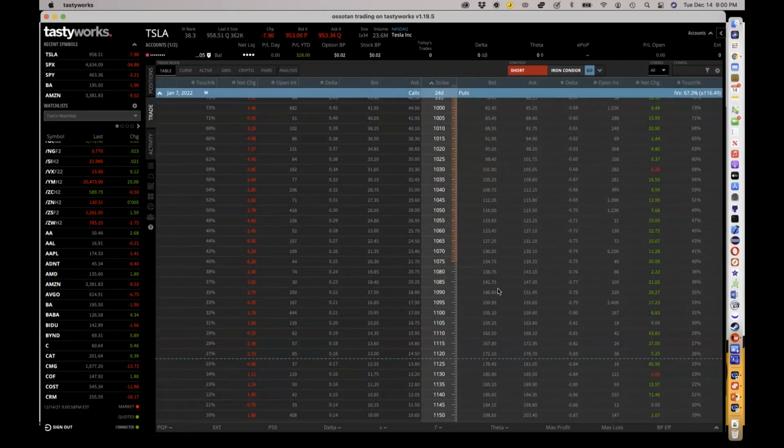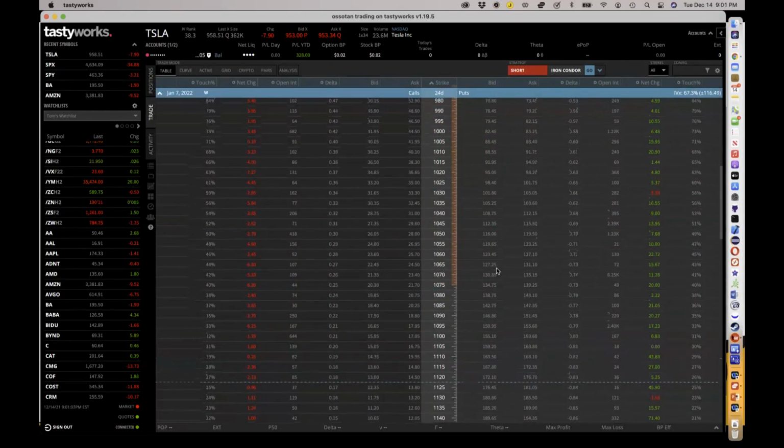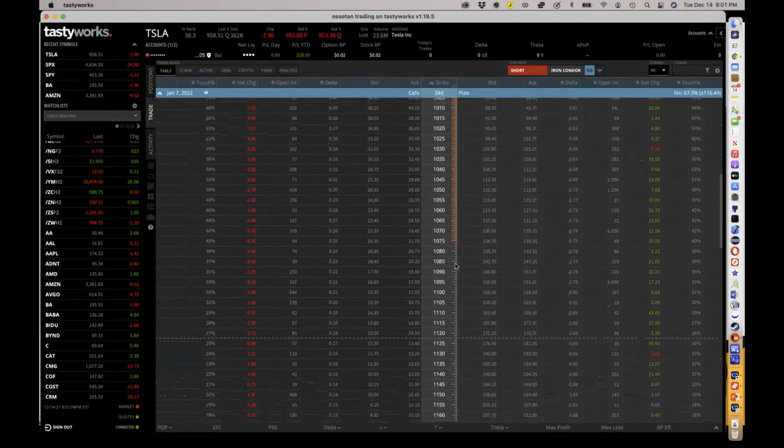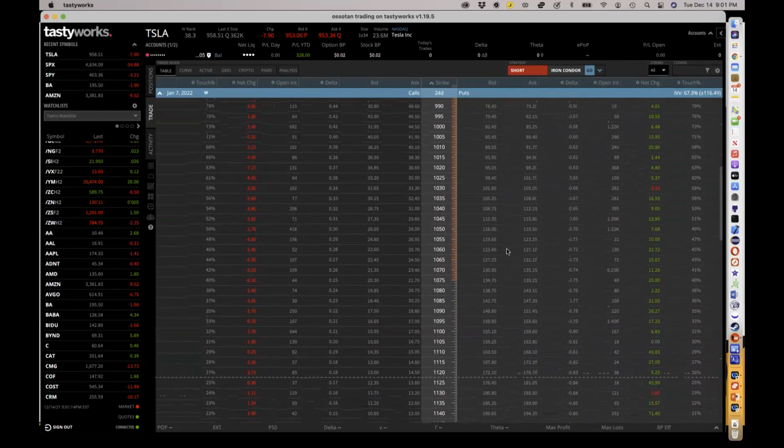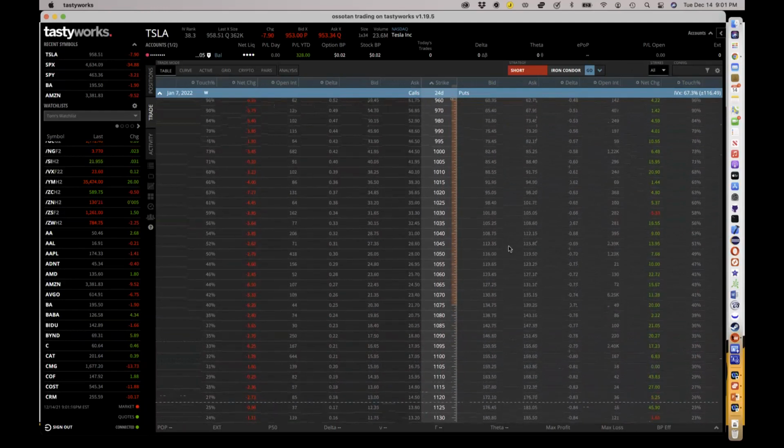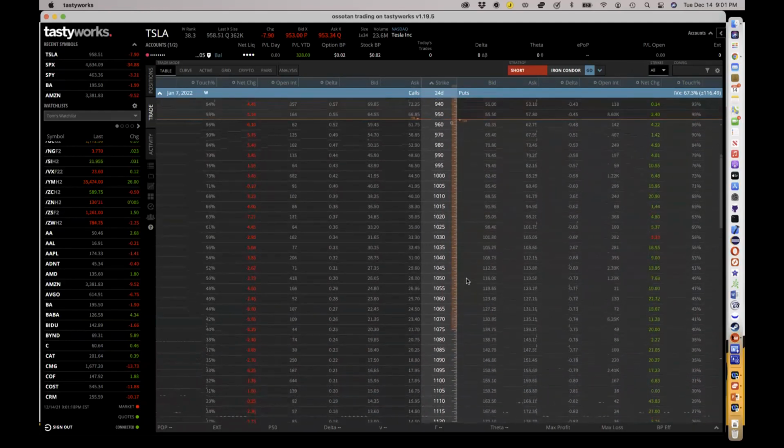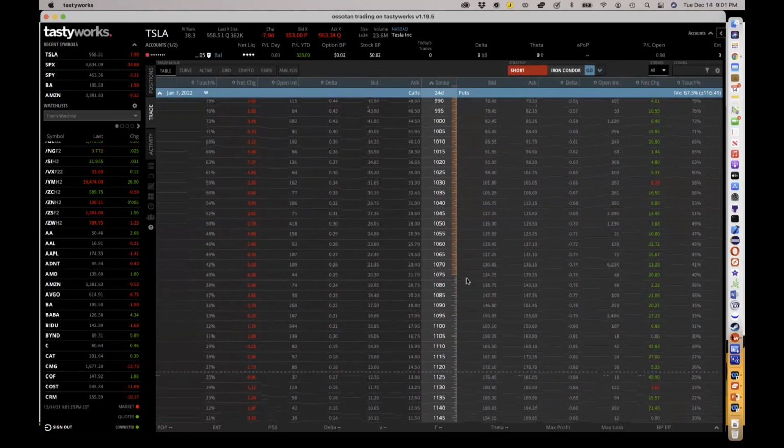And when the stock is going up, the calls become expensive and the puts become cheap. If I'm selling premium for a stock going up, I want to sell it to collect the most premium, but also be defensive. If the stock is dropping and I want to make money on the put side, I will buy puts. But if the stock is going up and I want to make money, I will sell puts.